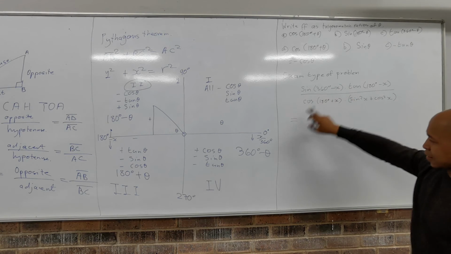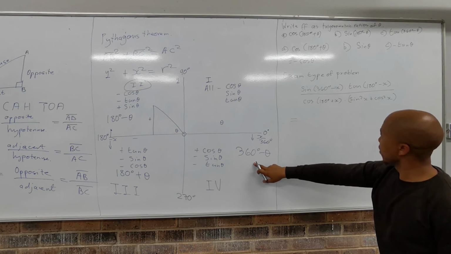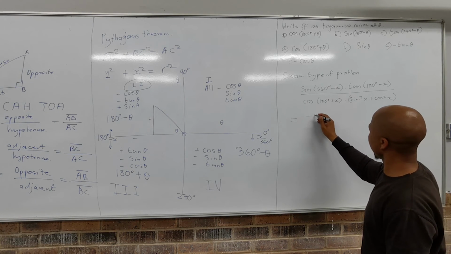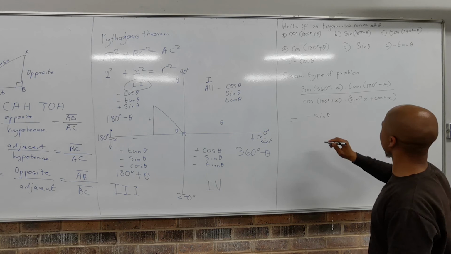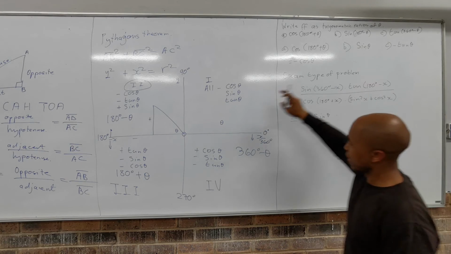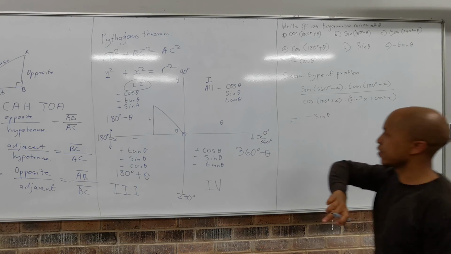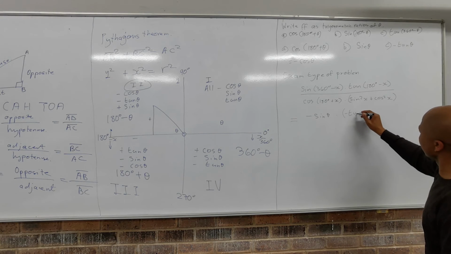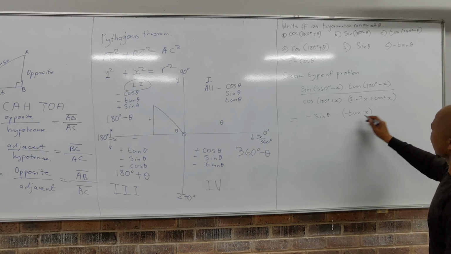360 minus x is in the fourth quadrant. In the fourth quadrant sine is negative, therefore we have negative sine x multiplied by tan of 180 degrees minus x, which is in the second quadrant. In the second quadrant, we have negative tan x.